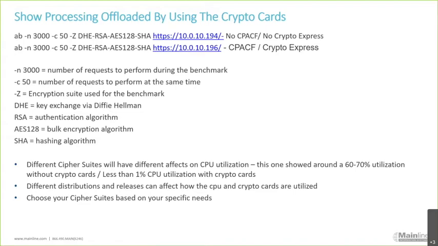It just happened to be one that I picked. Obviously, your results are going to vary depending on which cipher suites you use and what other activity you have going on in your system. It's going to change when you run production workloads. But I thought it was a good example of what could be done with these cards.